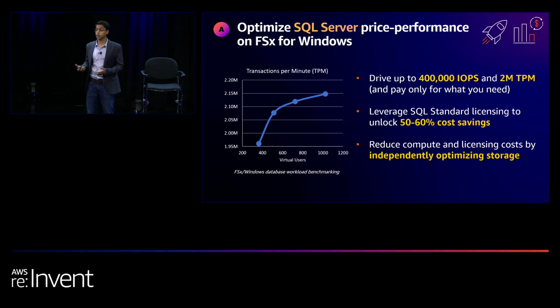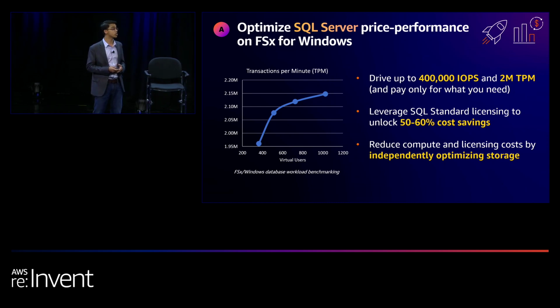And on the cost side, first, using SQL Server in the FCI deployment mode, the failover cluster instances, can enable you to benefit from license cost savings because you can use FCI with SQL Standard instead of needing SQL Enterprise. And that enables you to save up to as much as 60% on licensing costs.